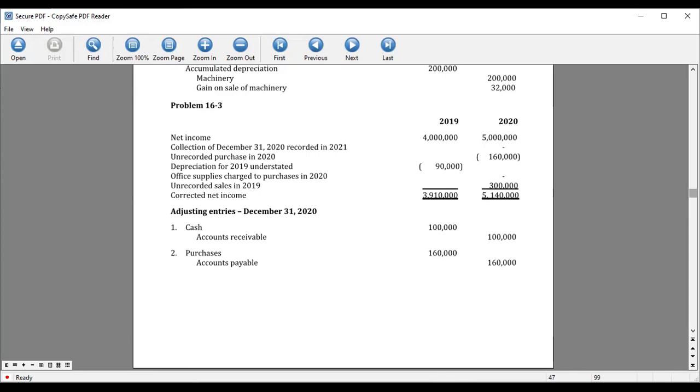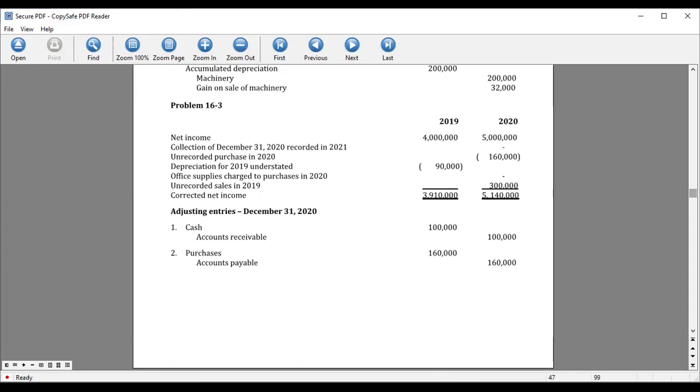Inventories on December 31, 2019 and 2020 were correctly stated. And by the way, our unrecorded purchase in 2020, we have to deduct this from net income of 2020 as purchases is added to inventory beginning in determining cost of sales. So meaning our cost of sales is understated, leading to overstated net income. That's why we have to deduct back.